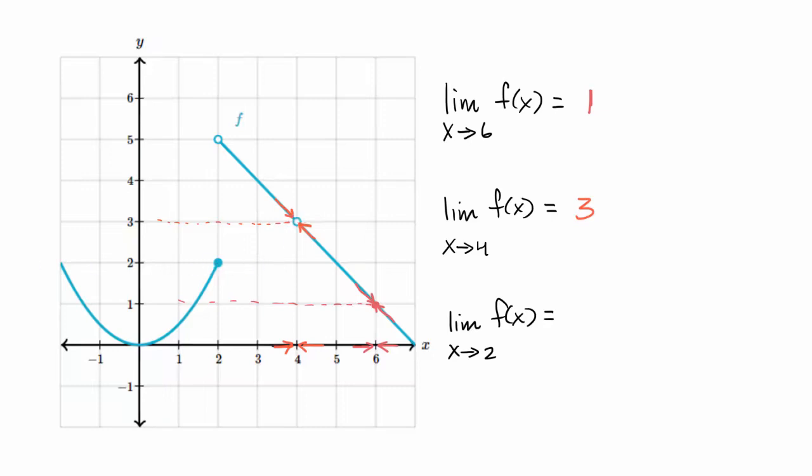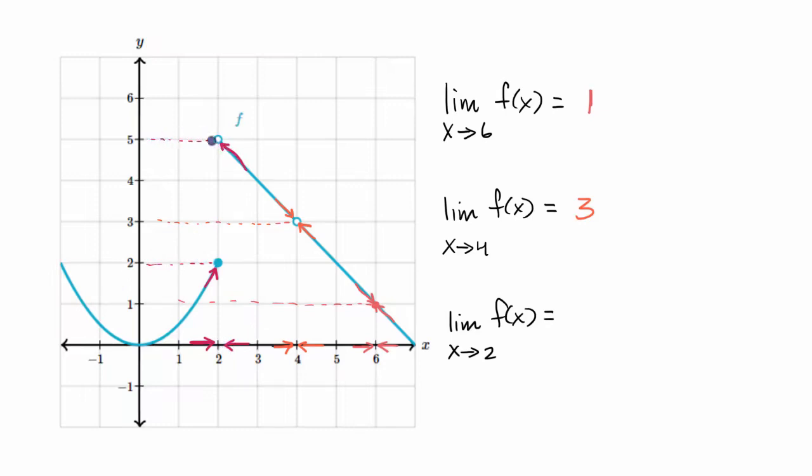Now let's think about the limit as x approaches 2. This is interesting. The function is defined there. f of 2 is 2. But when we approach from the left-hand side, it looks like our function is approaching the value of 2. But when we approach x equals 2 from the right-hand side, our function is getting closer and closer to 5.